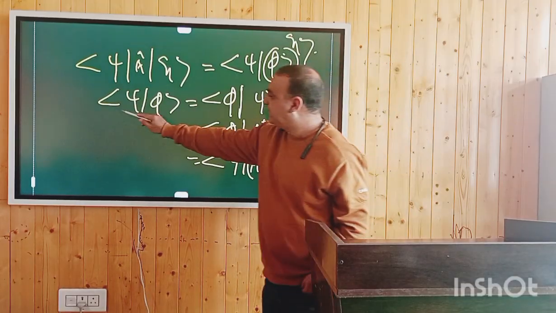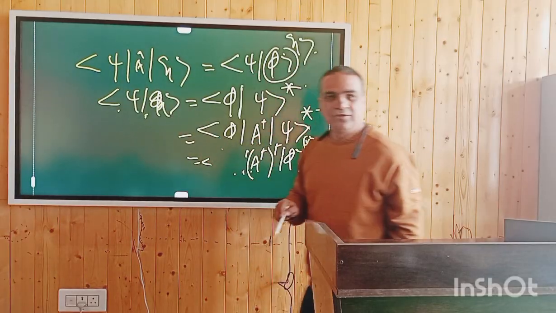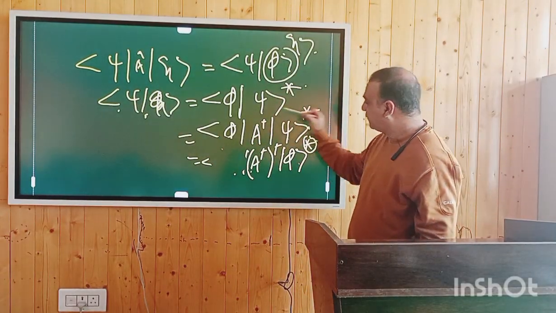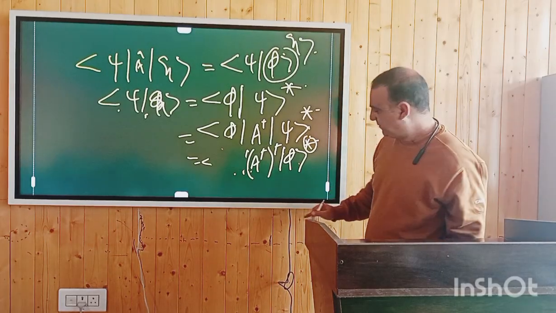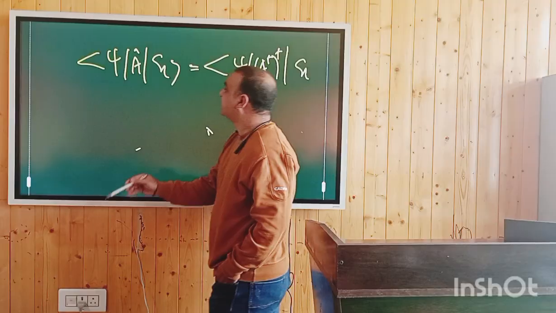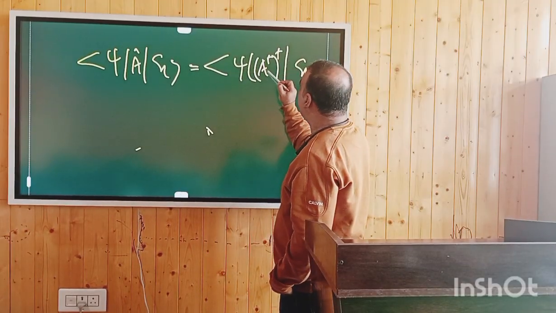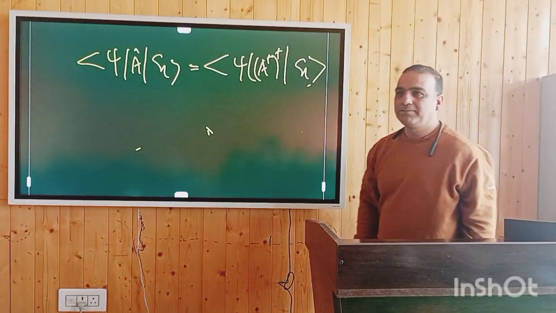And then I define psi, and here it has to be zeta. You will correct it yourself. And you will have zeta in the final equation. So what I will be getting finally is psi, A dagger, zeta. This will be the case.